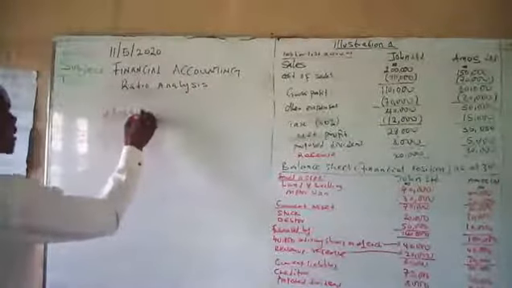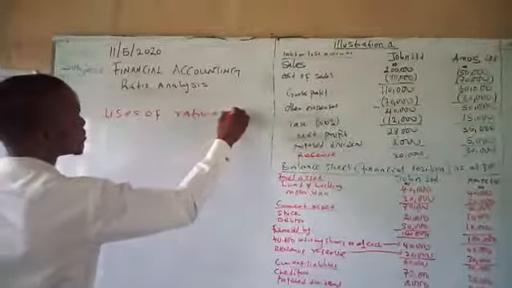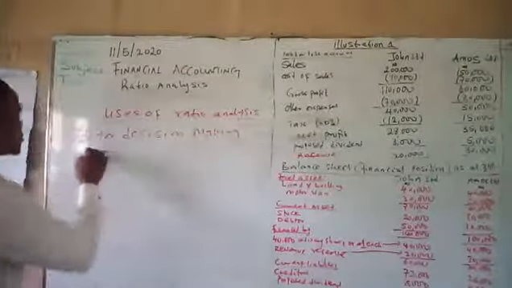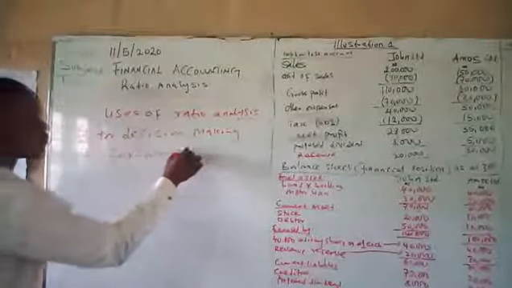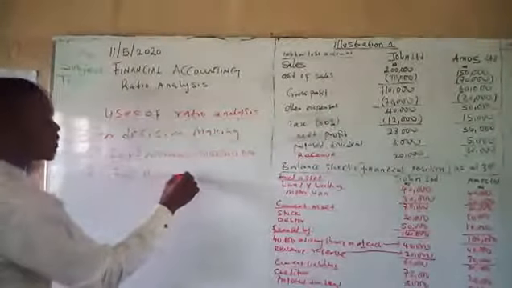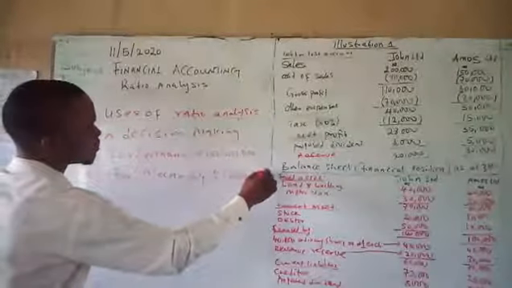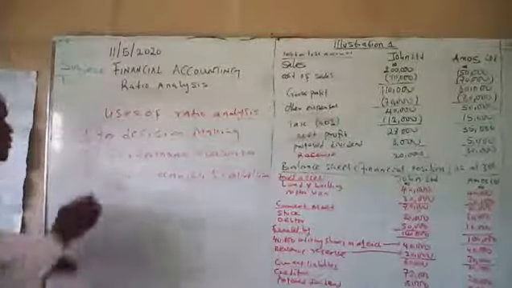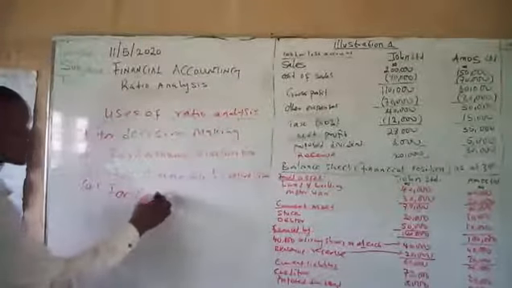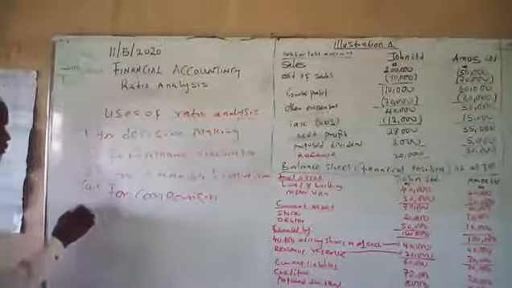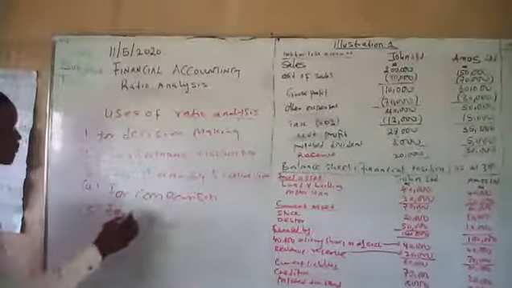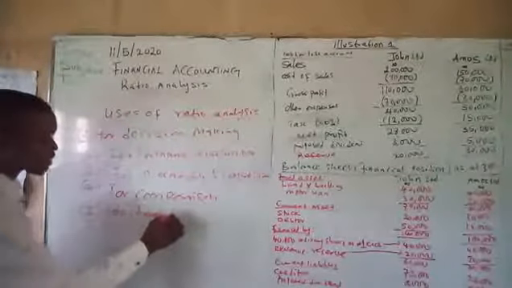Uses of ratio analysis: one, for decision making; two, for performance evaluation; three, for planning and controlling; four, for comparison; five, for financial statement analysis.